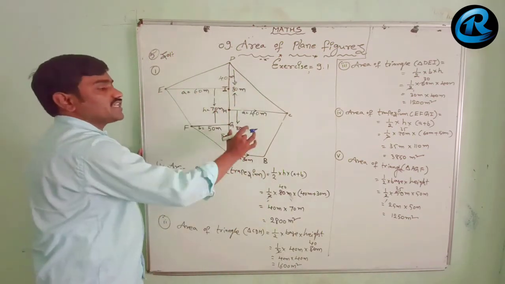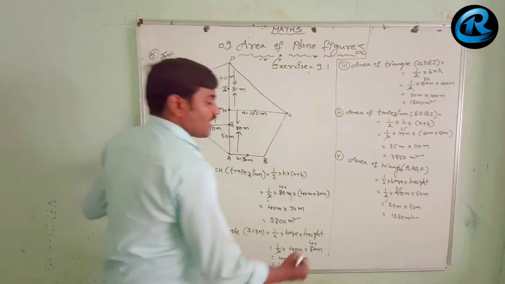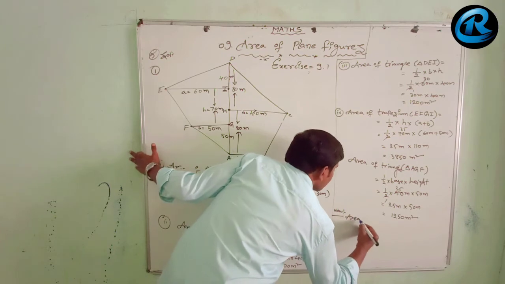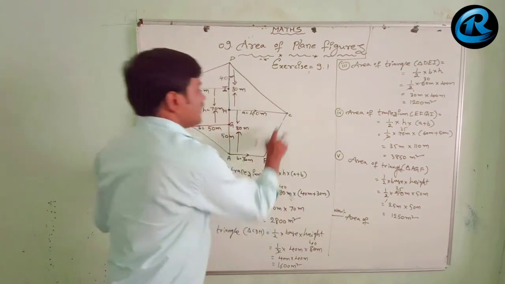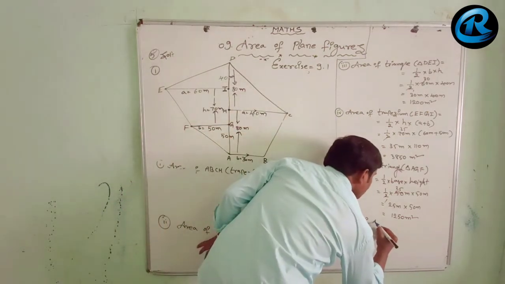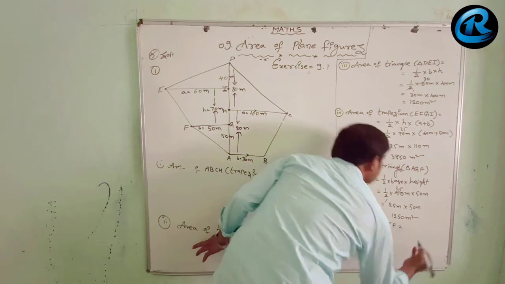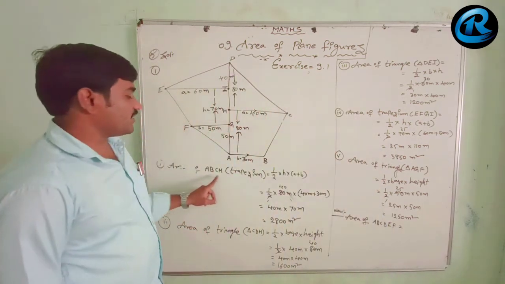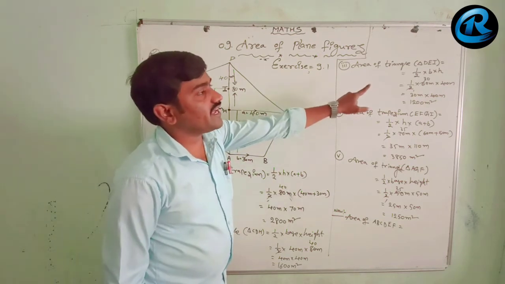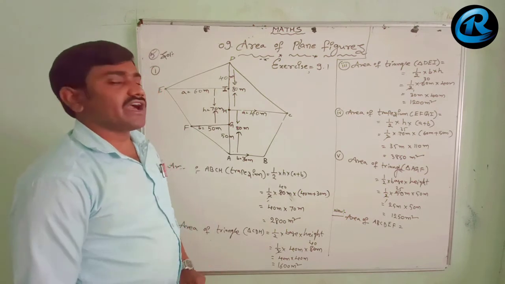If you add all these areas, it will be the area of the complete figure. Now the area of ABCDEF is equal to area of ABCH plus area of CDH plus area of BEI plus area of EFGI plus area of AGF.